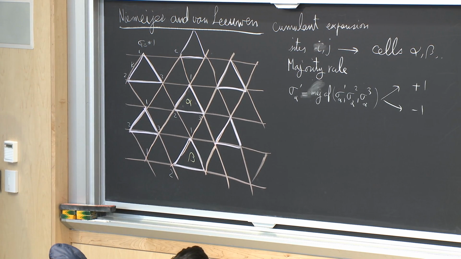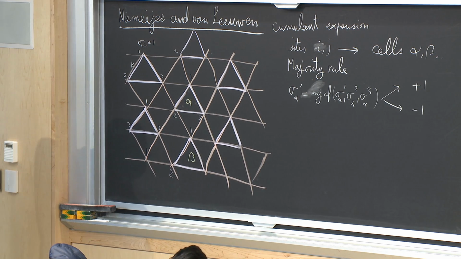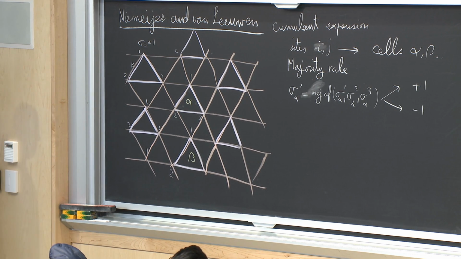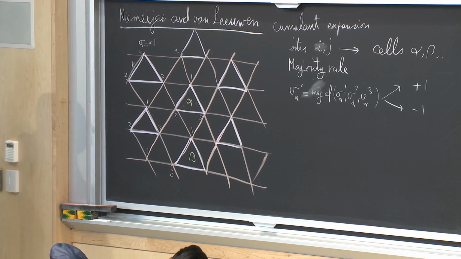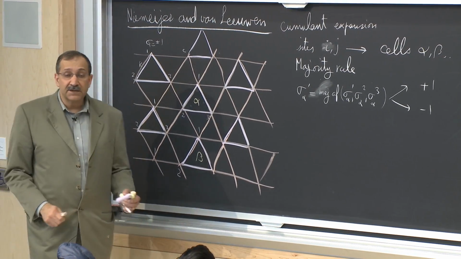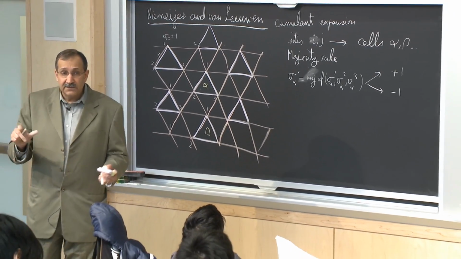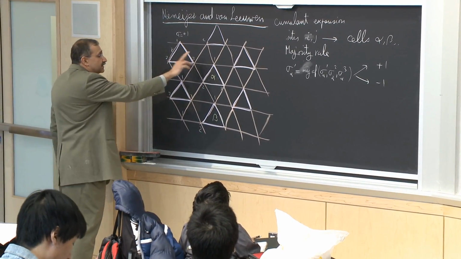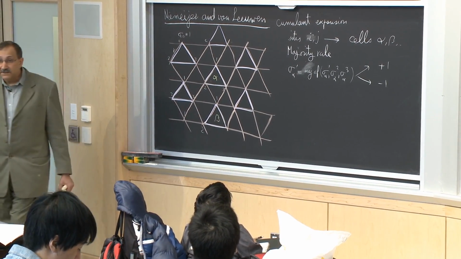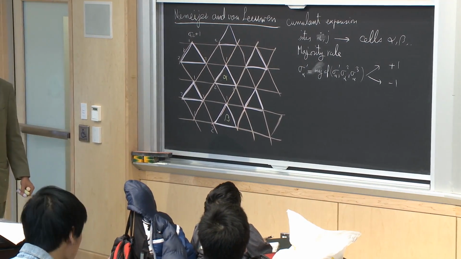It would have worked if I had chosen a majority of 3 sides on a one-dimensional lattice, clearly. So that's the rule. So you can see that for every configuration that I have originally, I can do these kinds of averaging and define a configuration that exists for the cells.